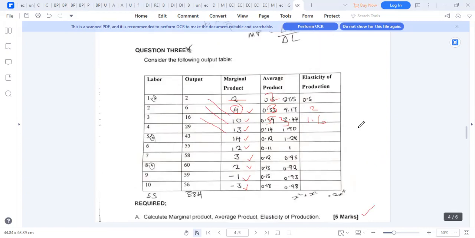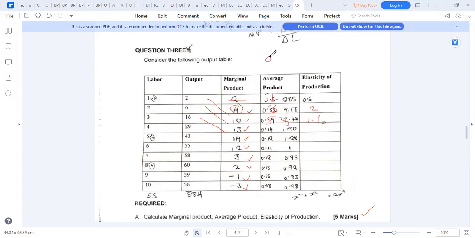So for marginal product, we're subtracting this minus this. 6 minus 2 is 4. 16 minus 6 is 10. Then for average, what are we doing?